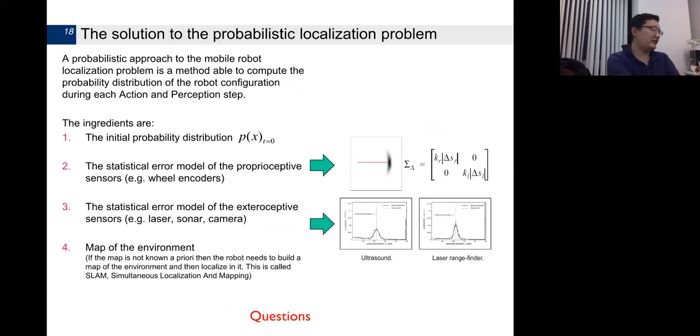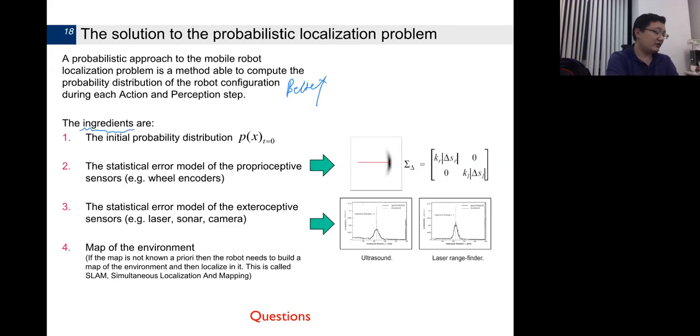Then we can look at the ingredients, right? A probabilistic approach to mobile robot localization is a method able to compute the belief, the probability distribution, during each action of a certain state. The ingredients, that means what do you use to compute all these probabilities?